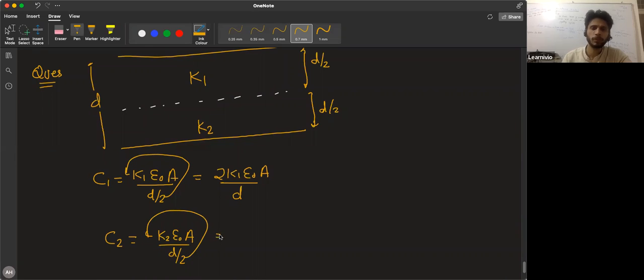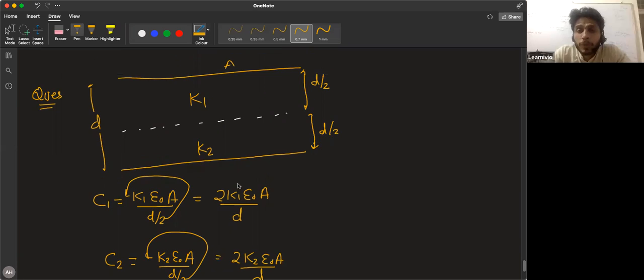This 2 will come to the numerator and this will be 2K2 epsilon naught A by D. Now we have to decide whether these two capacitors are in series or in parallel.